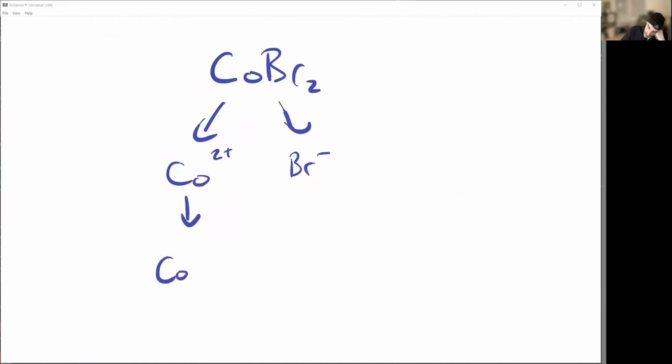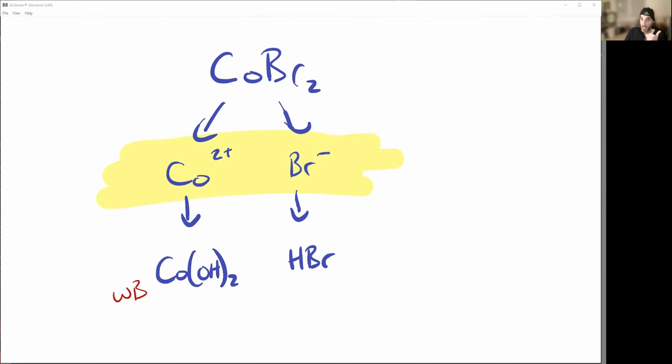All right, let's take a look at the other one. Cobalt becomes Co(OH)2 and bromine becomes HBr. Again, this is what's in solution. So cobalt hydroxide is a weak base. Remember, it's not group 1, it's not the heavy hydroxides. It is considered a weak base. Therefore, its conjugate must be considered a weak acid.